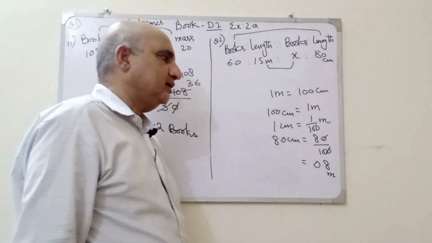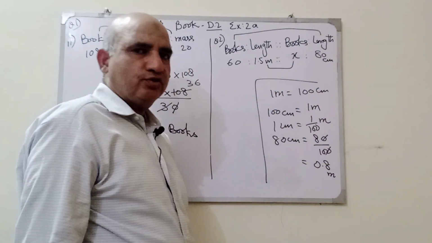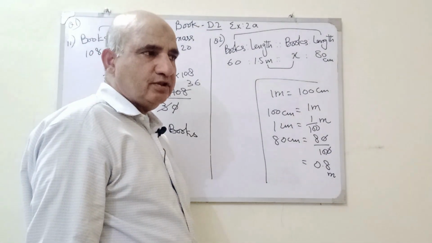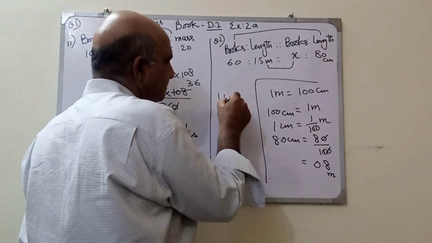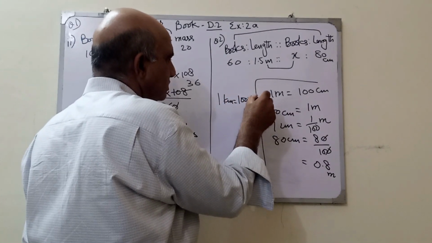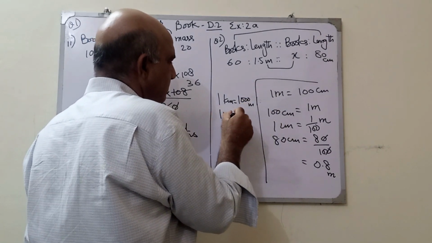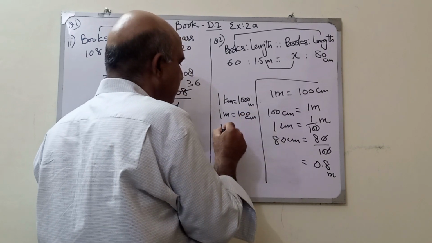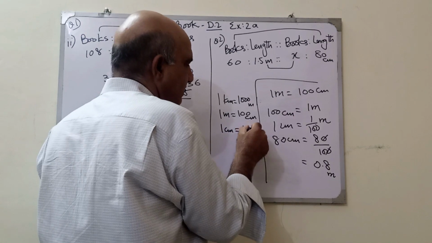Every time I may not be able to solve this here, because you people should know how to convert centimeters into meters. We should know that 1 kilometer is equal to 1000 meter, and 1 meter is equal to 100 centimeter, and 1 centimeter is equal to 10 millimeter.